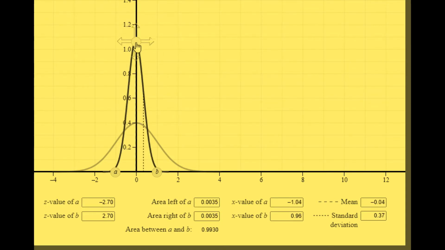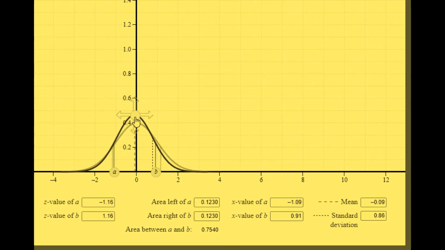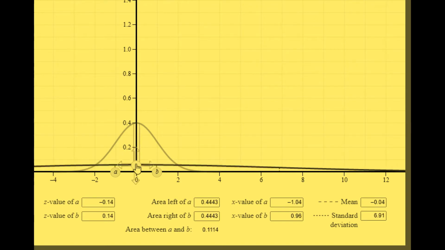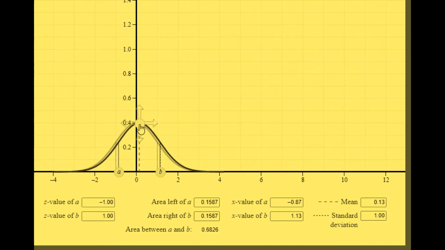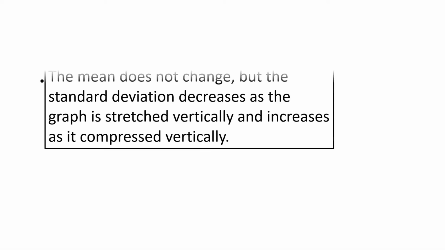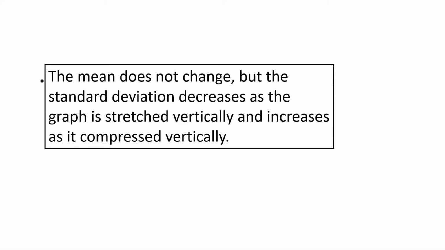Again, when you do the reverse process, that is when you decrease the height, then the standard deviation increases, but the mean is kept the same. The mean does not change, but the standard deviation decreases as the graph is stretched vertically and increases as it is compressed vertically.